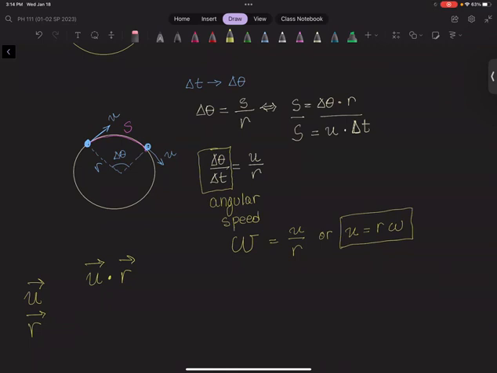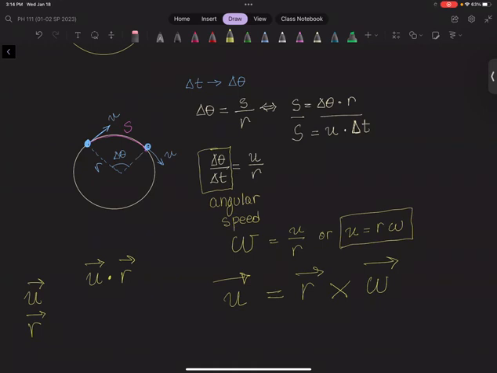Now, if these are indeed perpendicular, we can also write that U is R cross omega. And yes, indeed, omega is a vector. We're not going to be using its vector properties. Why is that? What is the direction of omega?